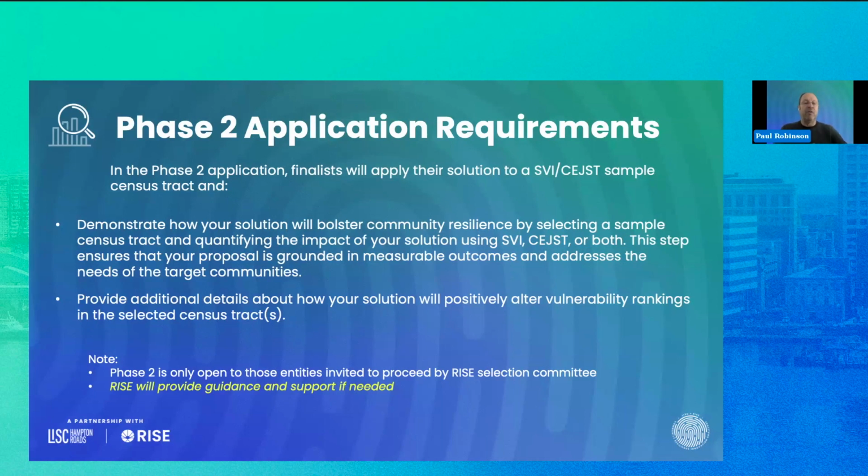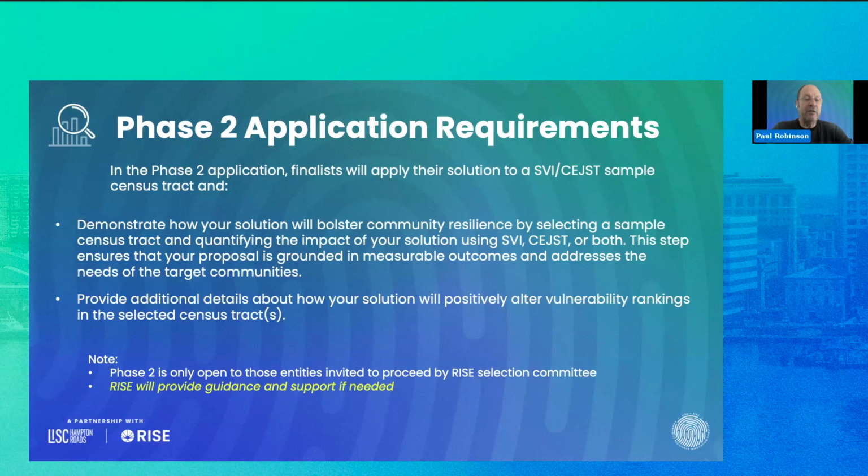We want to make sure that the solution you're proposing has a pathway to be implemented and actually decrease the vulnerability of the community. We'll be asking you to provide additional details of how your solution will positively alter the vulnerability rankings in the selected census tract, and that will form the basis of your funded work plan.